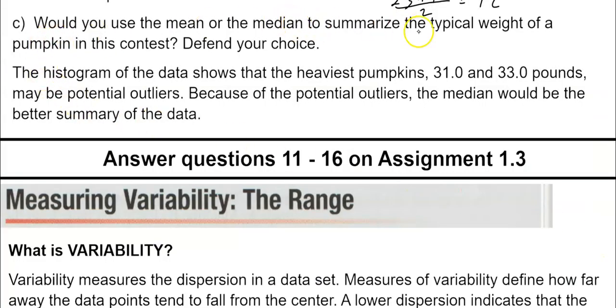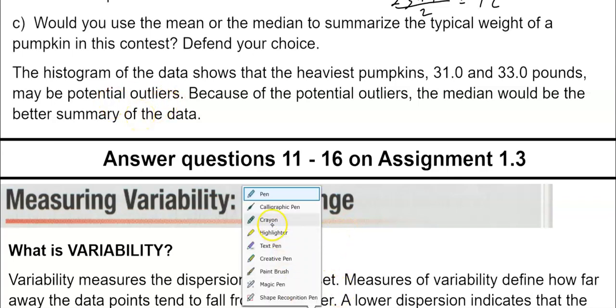So would you use the mean or the median to summarize the typical weight? Well, the histogram of the data shows that the harvest pumpkins of 31 and 33 pounds may be potential outliers. So I have to address that skew.